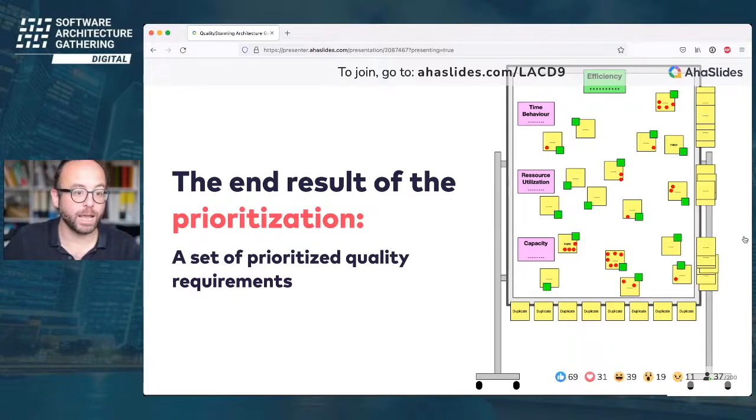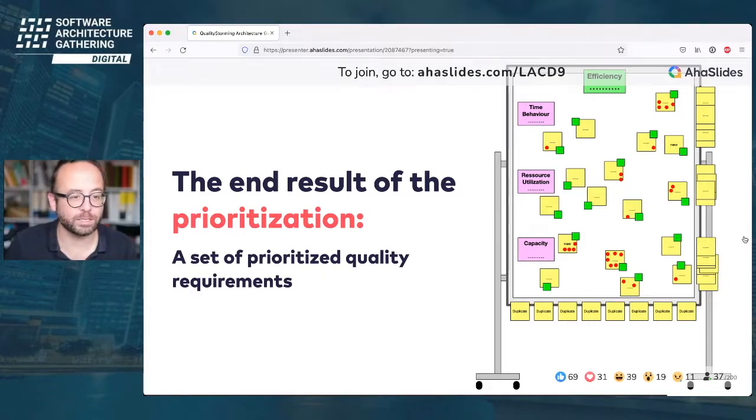If you look, for instance, at the ATAM method, the architecture trade-off analysis method, which is a method for reviewing software architectures, one result type in that process are trade-off points: architecture decisions that have a positive impact on some requirements and a negative one on others.